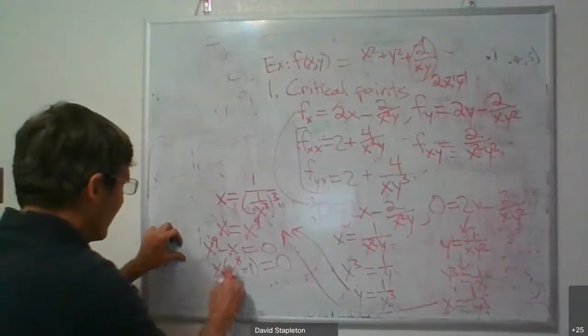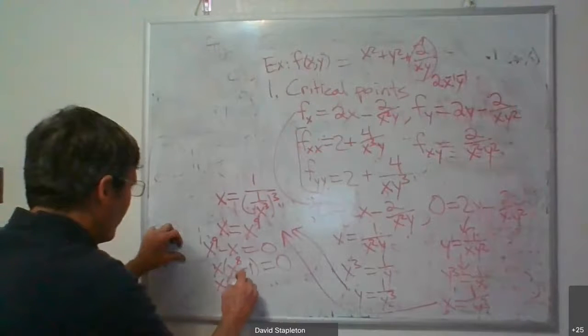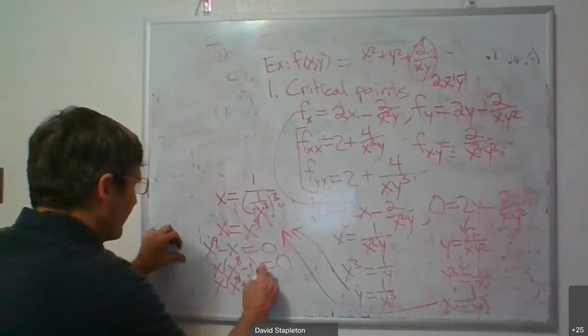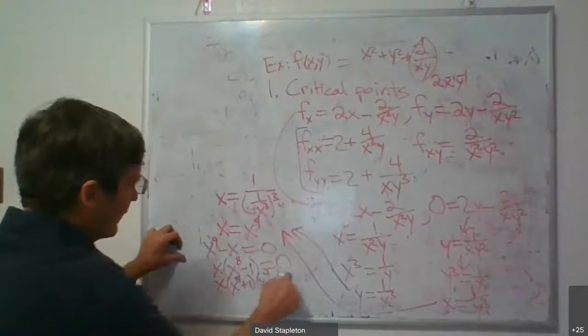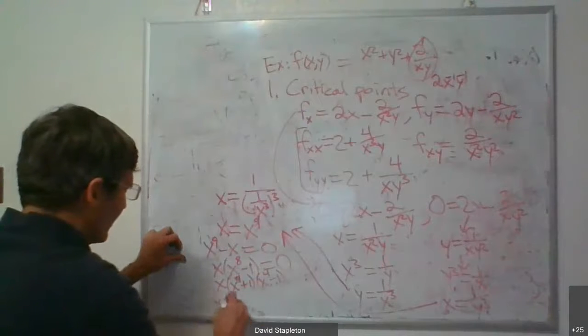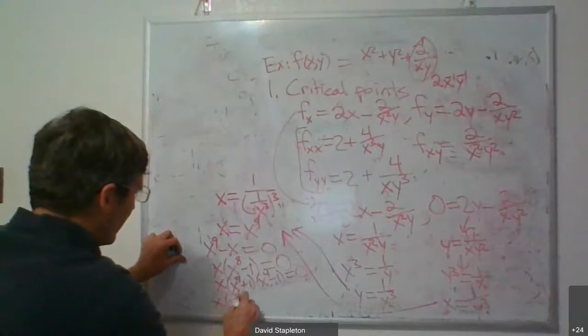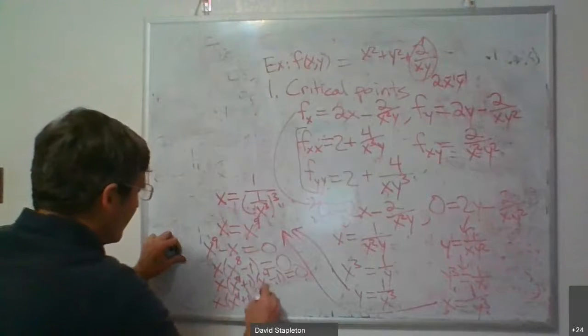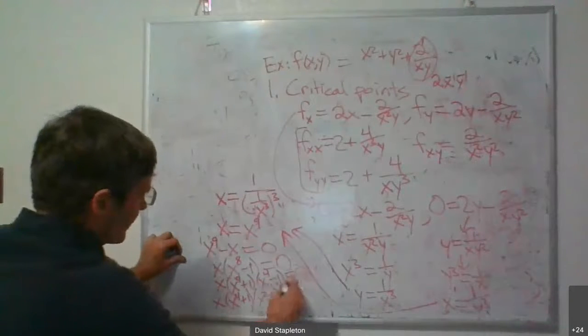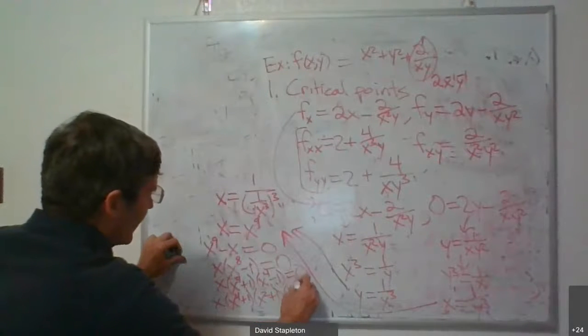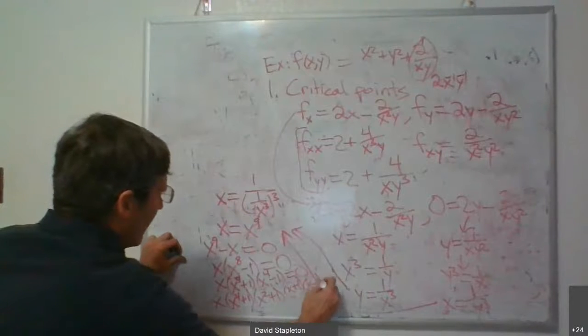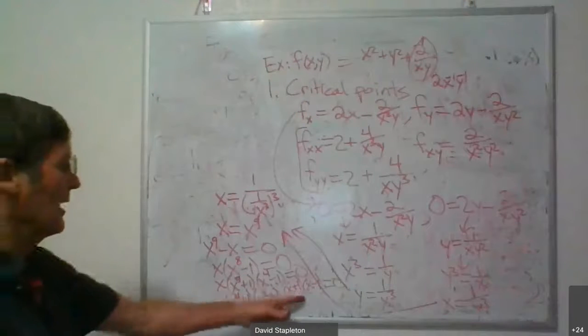You can write it as x times (x to the 4th plus 1) times (x to the 4th minus 1). X to the 4th minus 1 factors further. It's x times (x to the 4th plus 1) times (x squared plus 1) times (x squared minus 1), which factors further as (x plus 1)(x minus 1), all equals 0. So if I factor it all the way, I have that.